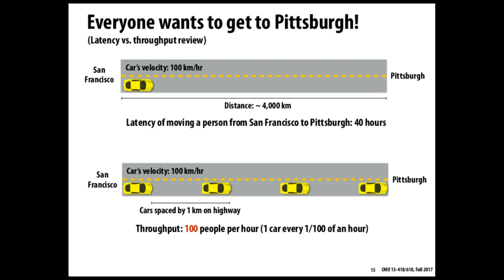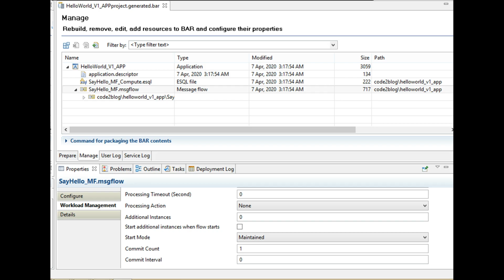When you add a message flow to a broker archive, in preparation for deploying it to a broker, you set additional properties that influence its runtime operation. These properties are available for review and update when you select Manage and Configure tab for the broker archive. 1.